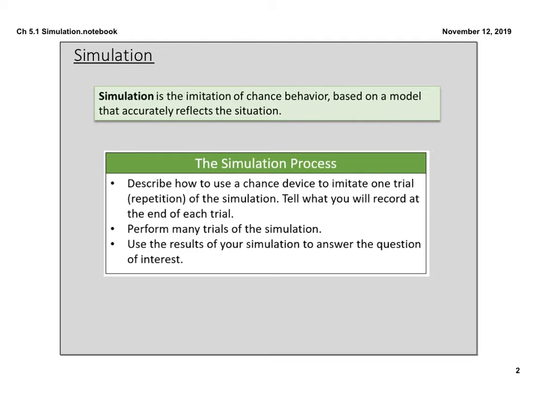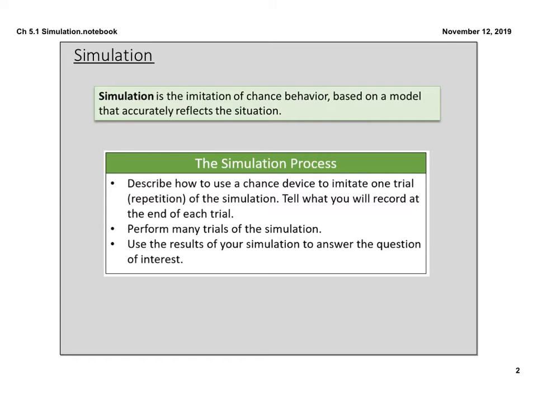Simulation is the imitation of chance behavior based on a model that accurately reflects the situation. So the simulation process, you're going to describe how to use a chance device to imitate one trial or repetition of a simulation. You're going to tell what you record at the end of each trial.